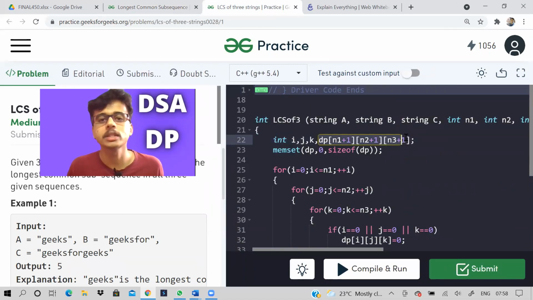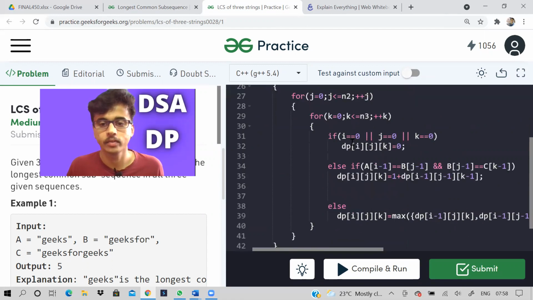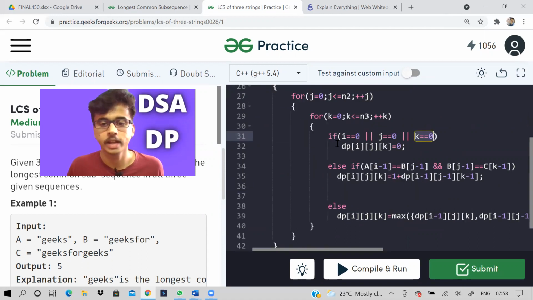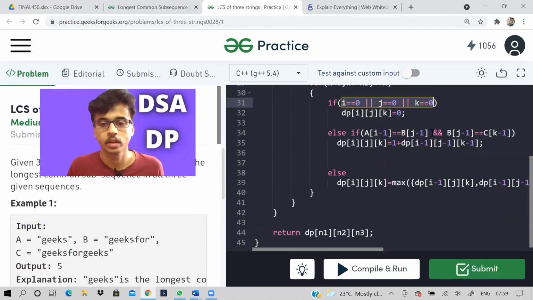We have 3-dimensional DP. Okay, and when i is 0, j is 0, and over here k also will be there, 3 dimensions, right? So then we have to make dp of i, j, k 0 when either of these conditions is there.